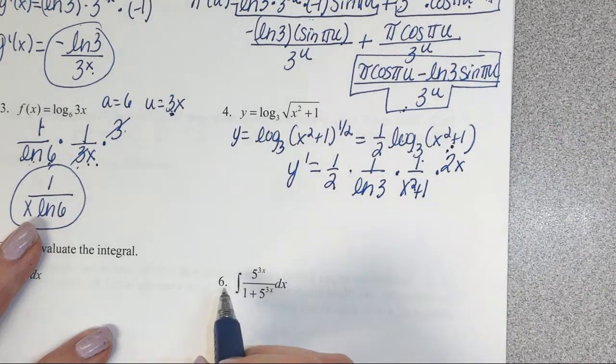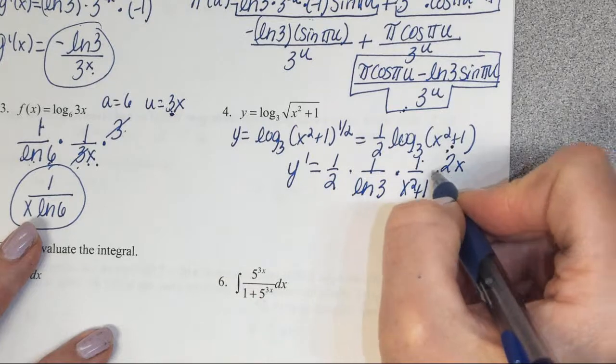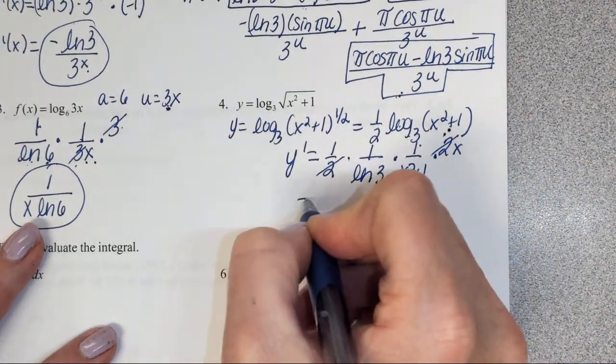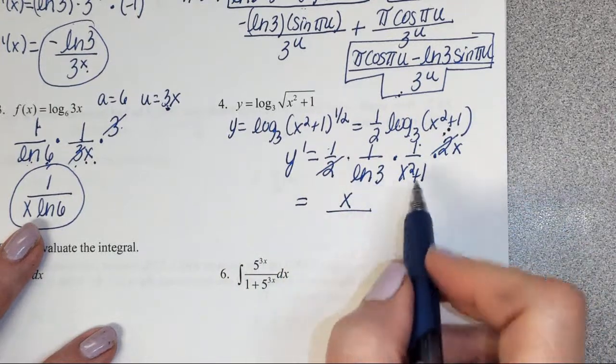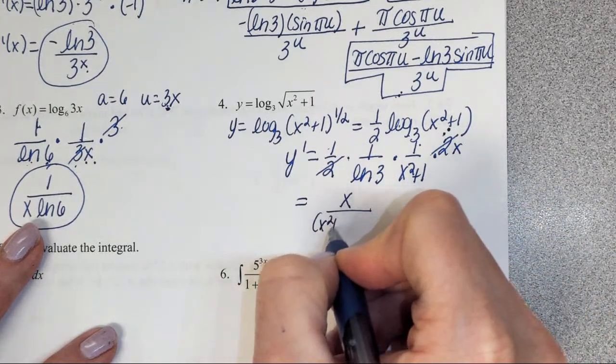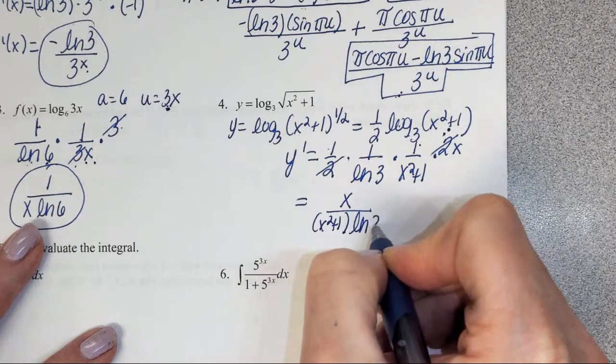Can anything simplify there? The 2's can cancel, it's all multiplication. So in the numerator now, all we have is an x. In the denominator, we might want to put the x squared plus 1 first, and then natural log of 3.